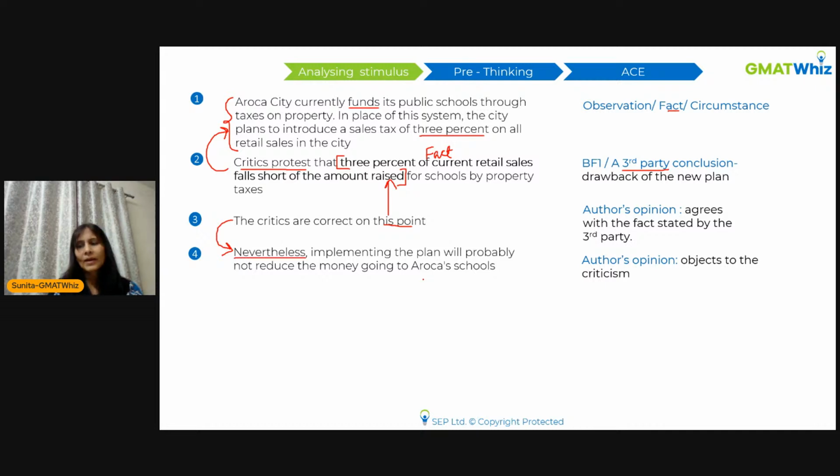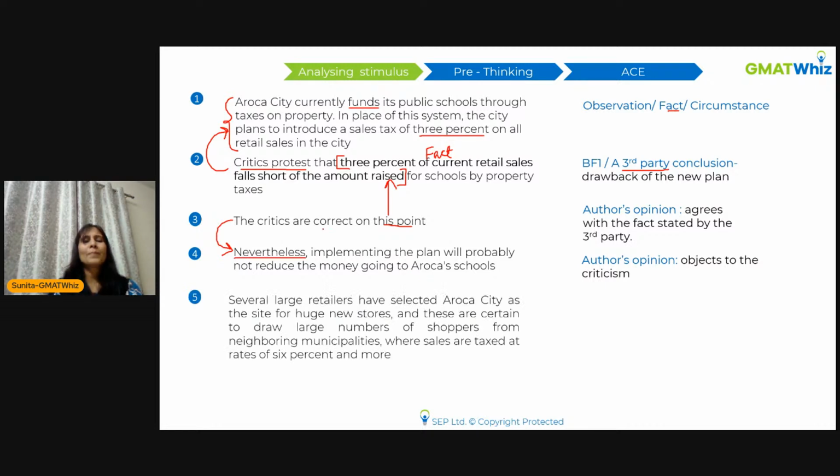And then when we read the next bunch of statements, several large retailers have already selected Aroka City as the site for huge new stores, and these are certain to draw large numbers of shoppers from the neighboring municipalities where the tax rates are high. All this the author is offering to point out some facts. And why are these facts being given?